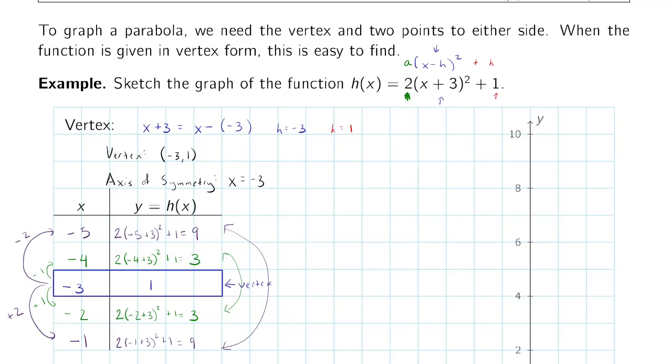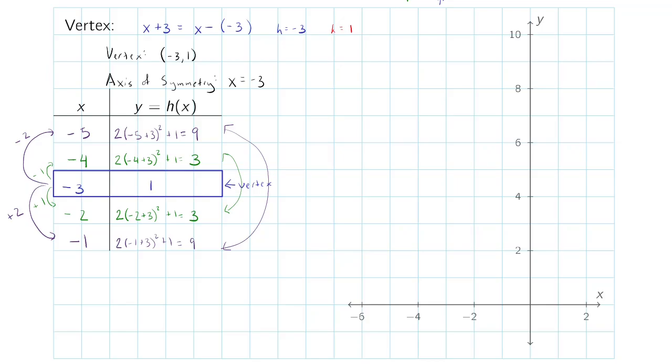Okay, so it looks like we want a y-axis that goes up to 10, and an x-axis that's mostly interested in negative numbers. So using these points, our vertex is at negative 3, 1. And then we have a point at negative 4, 3, and another one at negative 2, 3.